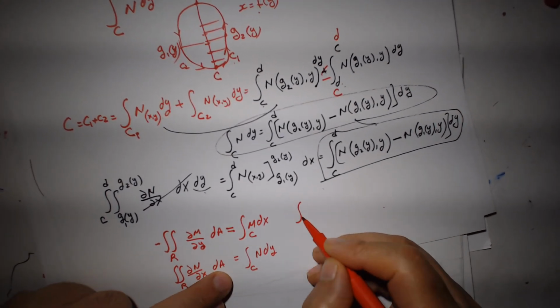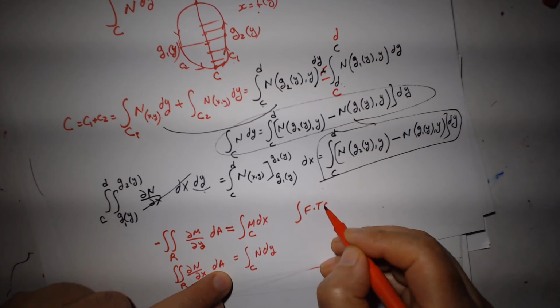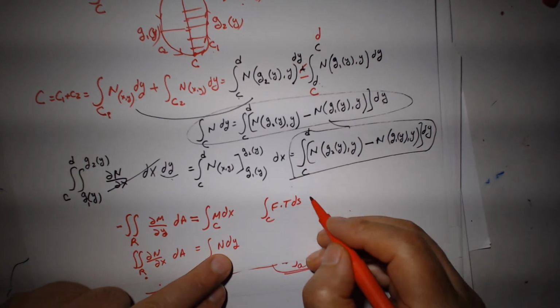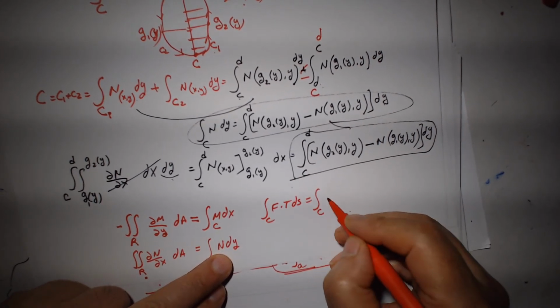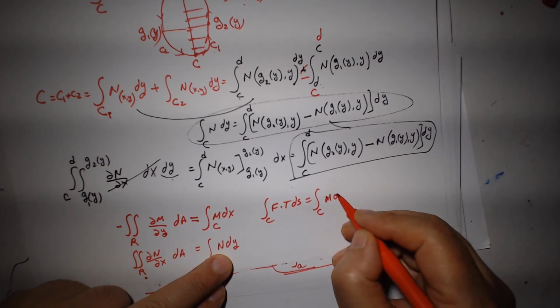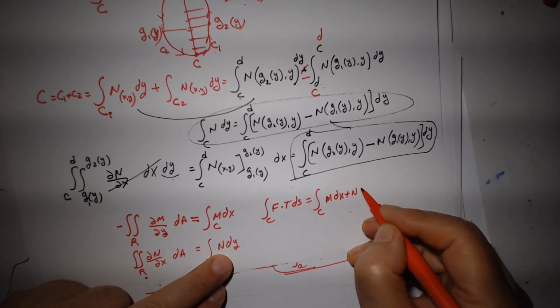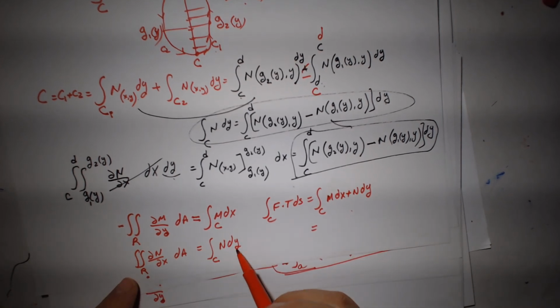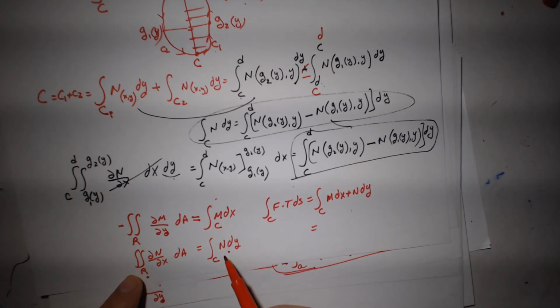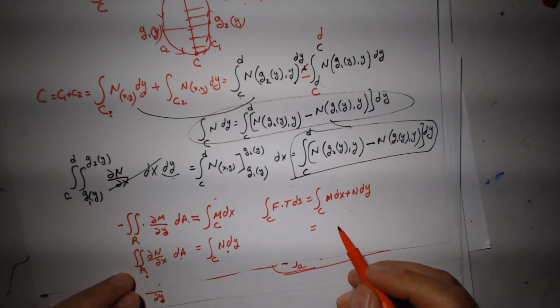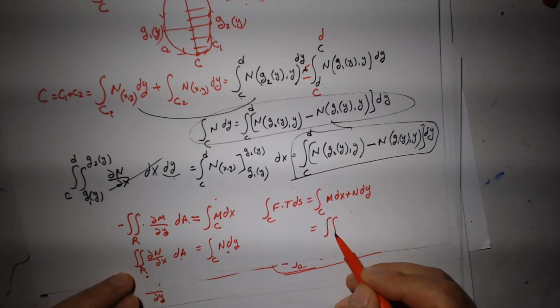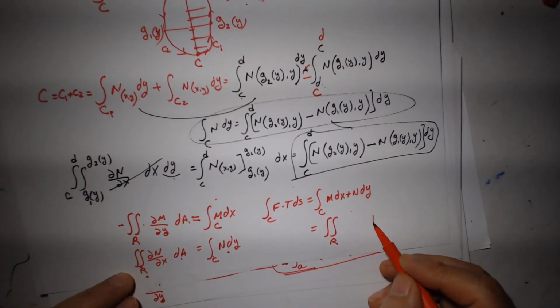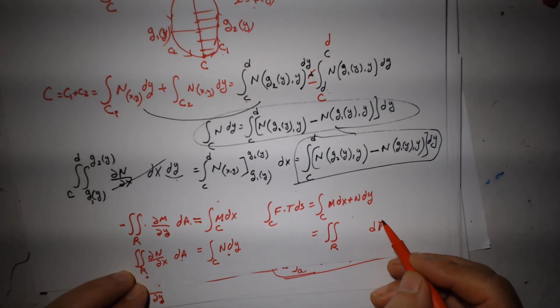But what was the line integral in differential form? It was M dx plus N dy. I can write this one as M dx, and N I write as this one. But both of them have dA and the same region as a common factor. I write it as a double integral over a region of dA.